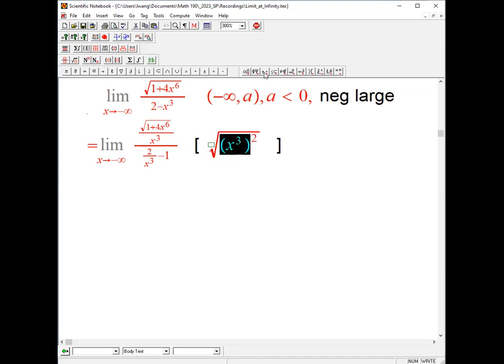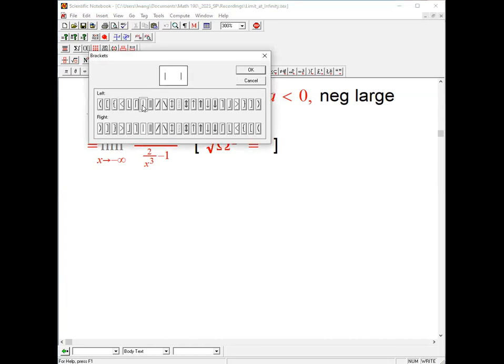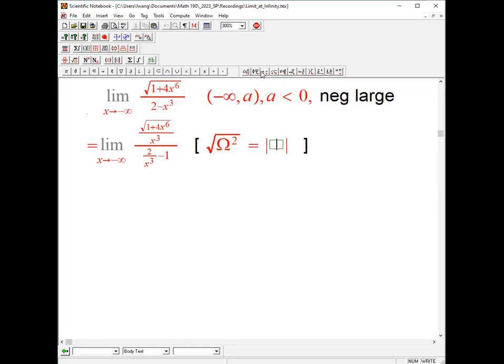Let's do this. Squared, right? What does it equal to? The absolute value of omega. This Greek letter is read as omega.